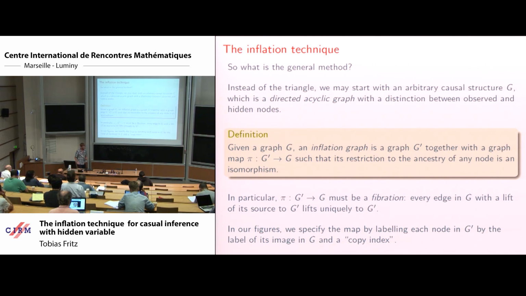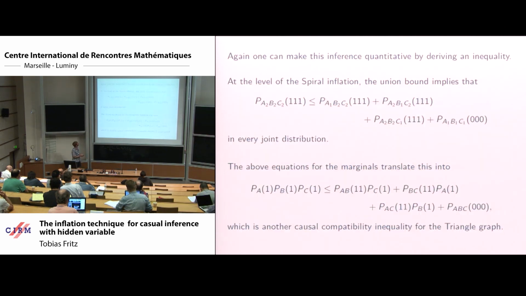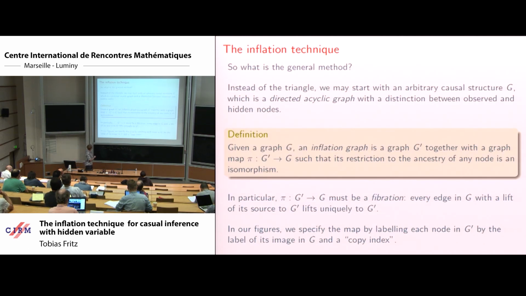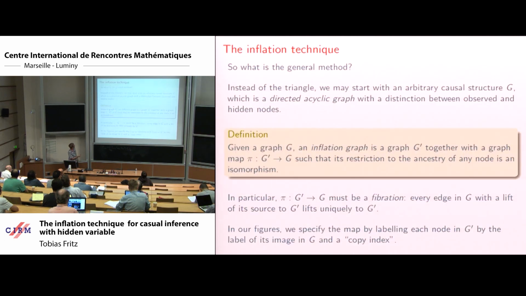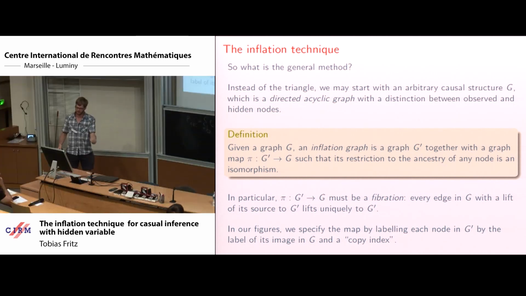Okay, and so we start with an arbitrary causal structure G, by which I mean a directed acyclic graph, which is what these Bayesian networks are all about. And there should be a distinction between observed nodes and hidden nodes, like these triangles and circular nodes that I had before. And then an inflation, like this spiral inflation here, for example, would be another graph that I want to call G prime, together with a graph map from G prime to G, which is a map that takes nodes to nodes in such a way that it preserves adjacency.